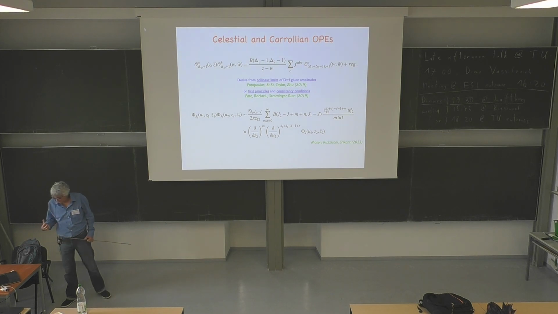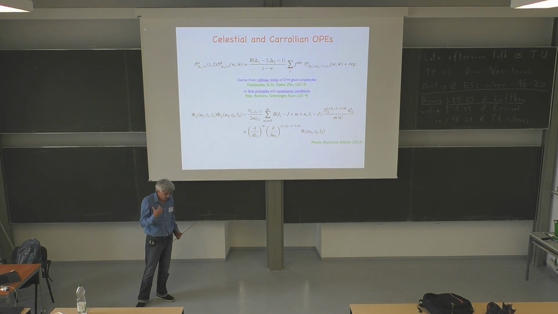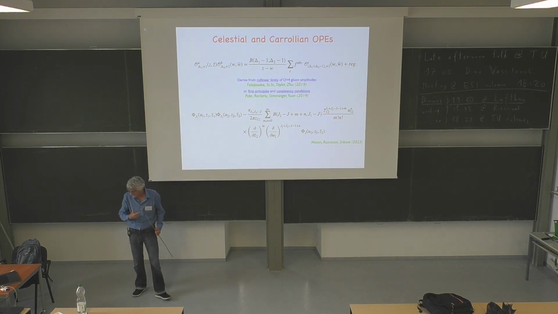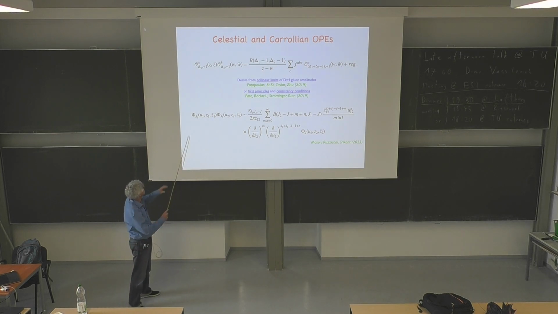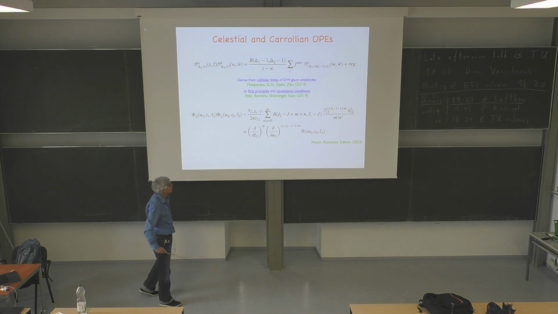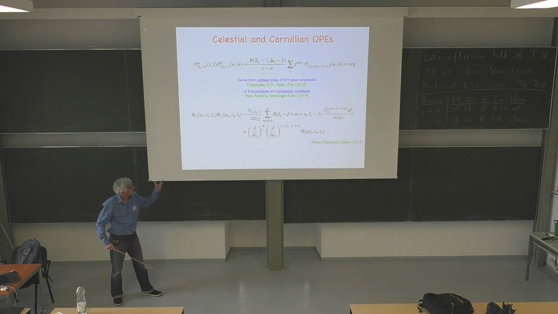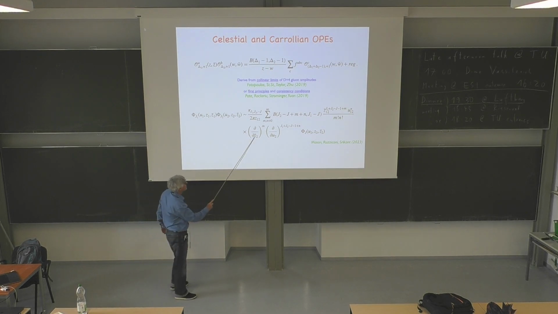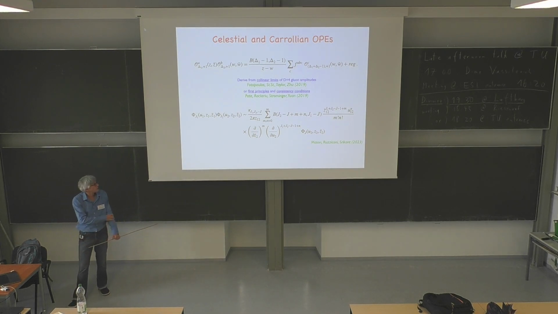They looked at collinear limits and transformed them, did this Fourier transformation I showed you before, and got this. So this is now for operators of spin J1, spin J2, and then this develops this operator product expansion. You see, you have three coordinates, Z's and U's, so it looks a bit more complicated than in the two-dimensional case.